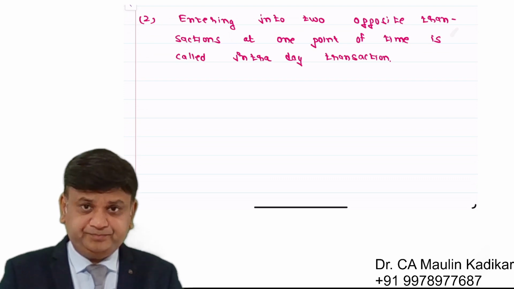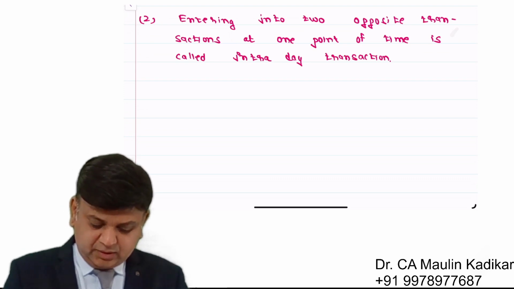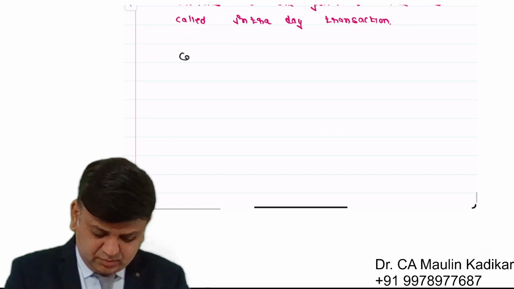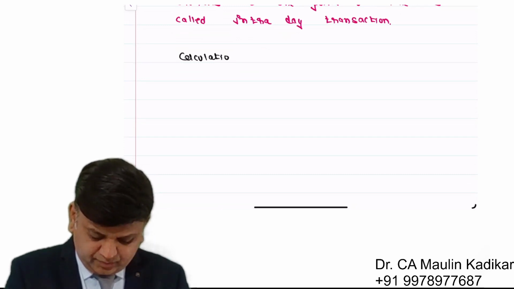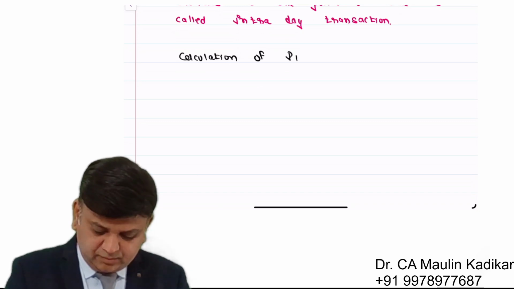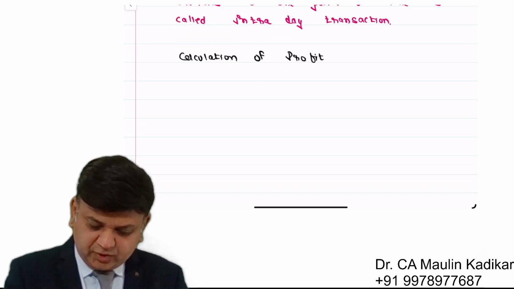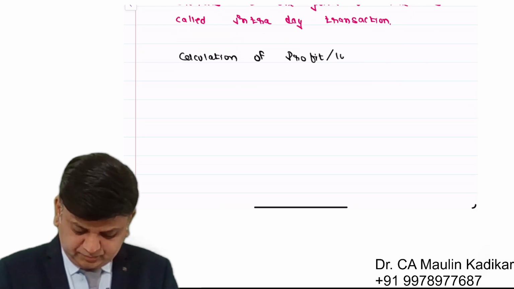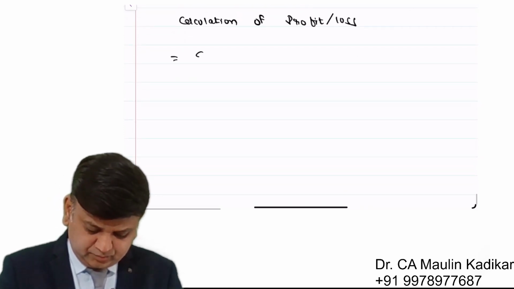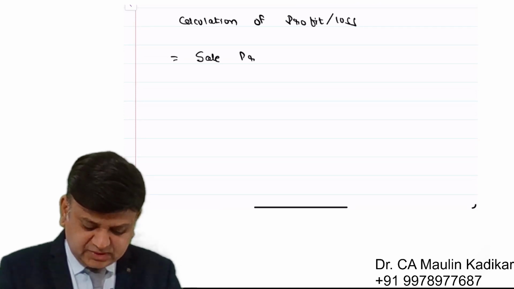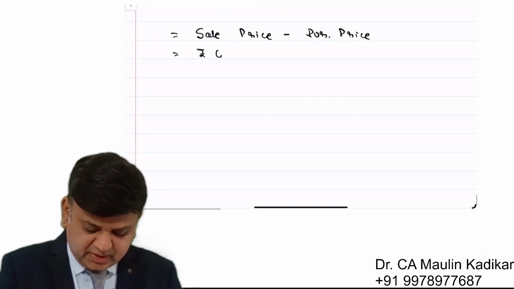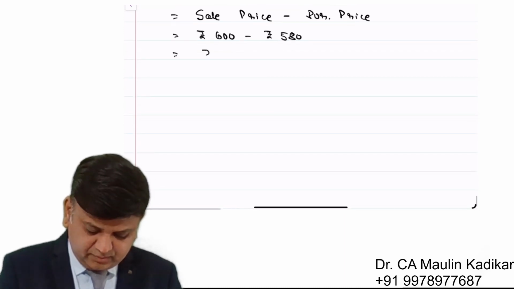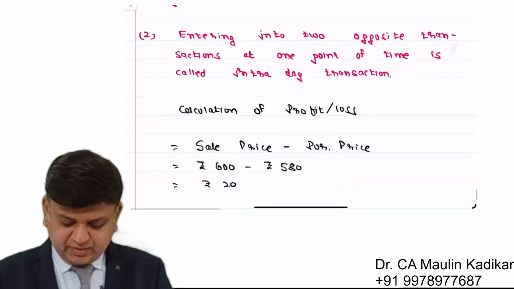Full stop. With paragraph, write down calculation of profit or loss. In that write down, sale price minus purchase price, 600 minus 580, that comes to 20 rupees.